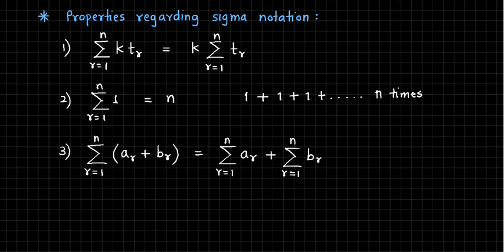And the last property is that the summation of (a_r plus b_r) in brackets is equal to the summation of a_r plus the summation of b_r. Since summation is basically addition and we have the addition operation inside the bracket, both are conformable to each other and therefore we can split the summation as shown on the right hand side.